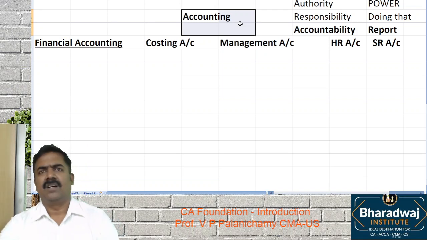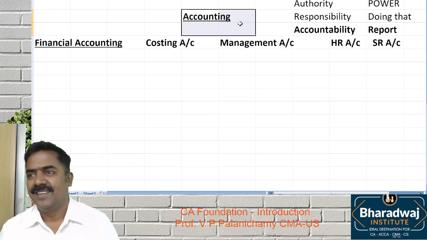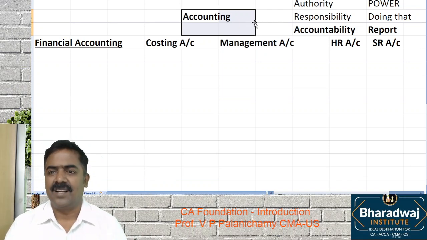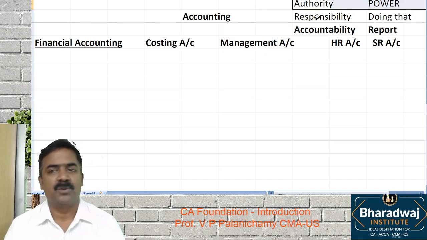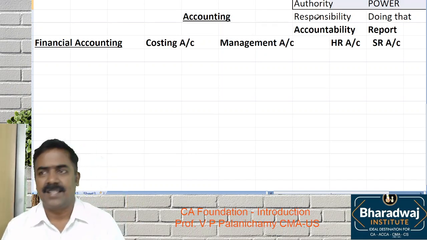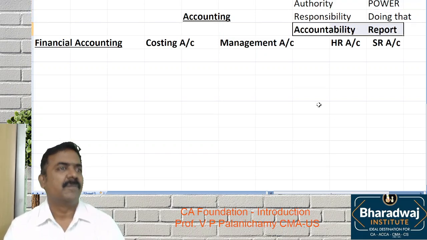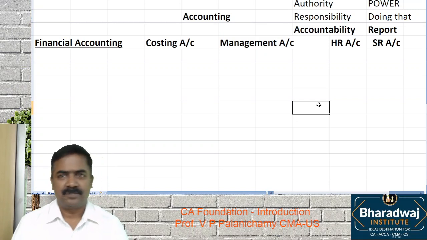For example, your parents have given you for foundation learning. What is our accountability? Authority is that we have the power to coach, the power to conduct tests, and the power to do certain things required for teaching. Responsibility is to teach. Accountability is to send the reports.